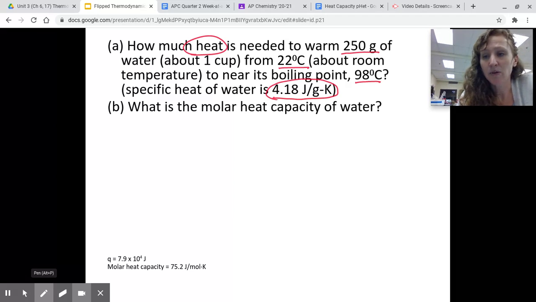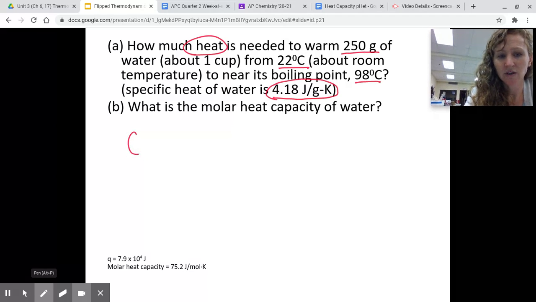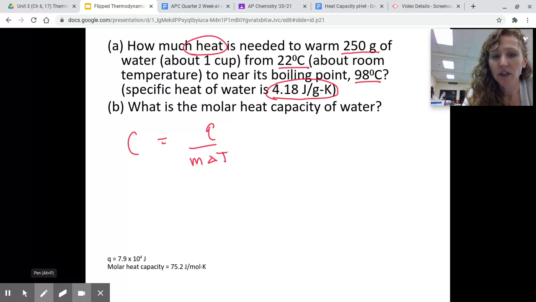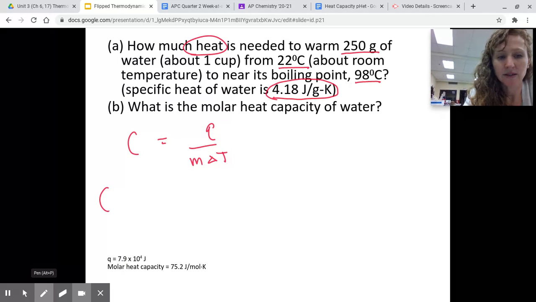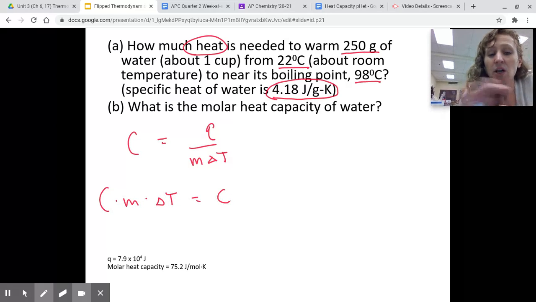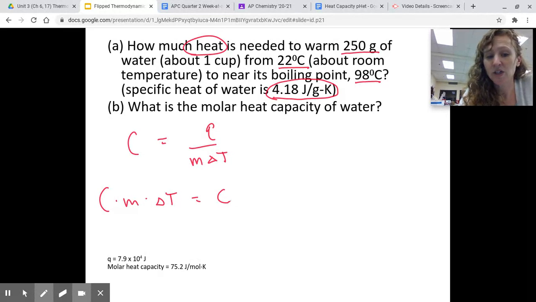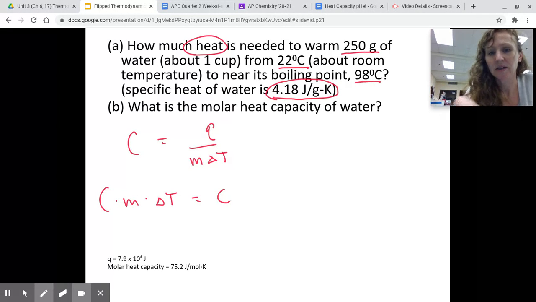You can set up the formula and plug and chug, right? So that would look like specific heat equals Q over m delta T, and then we're looking for heat, so we want Q equals C times m times delta T. So you solve for the variable you're looking for, you plug and chug, and we're all happy.